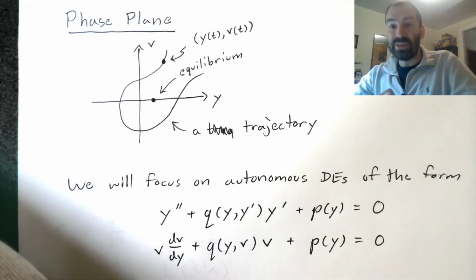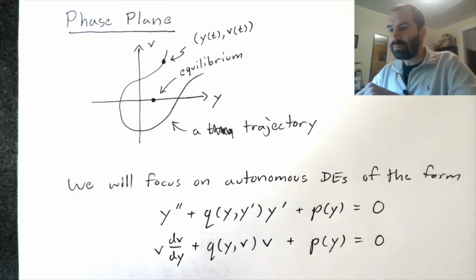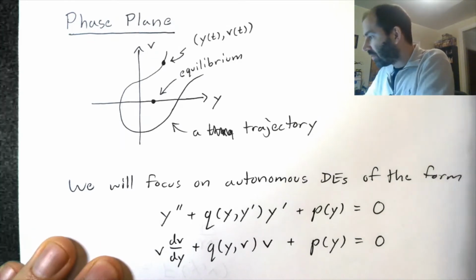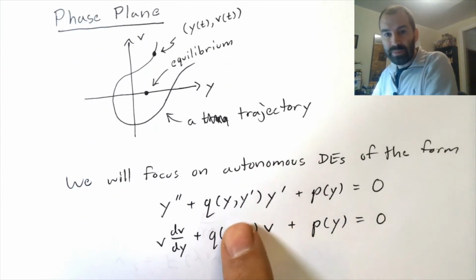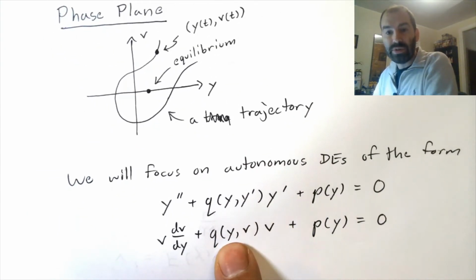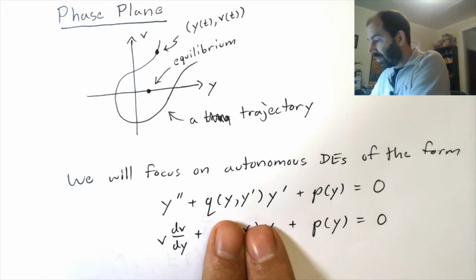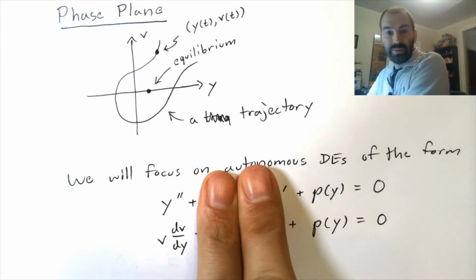All right, so let's look at our first example. Our first example is going to be where Q is equal to 0. We're going to take this Q here and just set it equal to 0. So we're just going to have this.